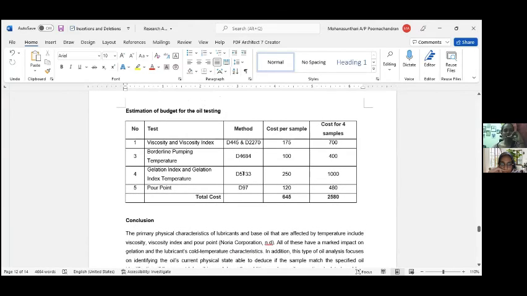So maybe you can share the estimation of the budget that we have planned. For the budget for the viscosity and viscosity index, we have decided to test 4 samples. The cost per sample is 175 ringgit, so 4 samples would be 700.